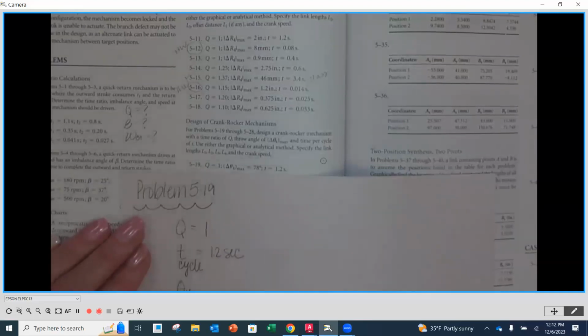We know that our T, which is per cycle, so one revolution of our crank, is 1.2 seconds. And then we know that our throw angle, they're calling that theta 4, because it's the angle through which our link number 4 is going to go, and that's going to be 78 degrees.